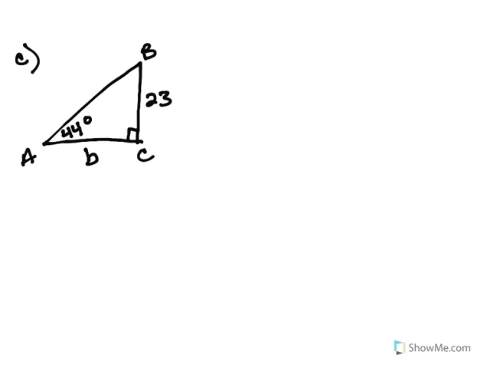Okay, for this triangle, we're trying to find side length B. My angle is 44. B is adjacent to that. The other given side length is the opposite side. So which trig function should I use to relate opposite and adjacent sides? Tangent.